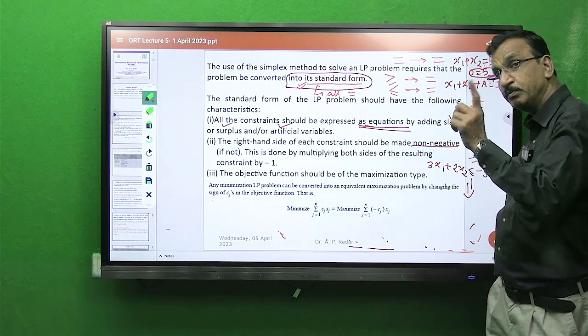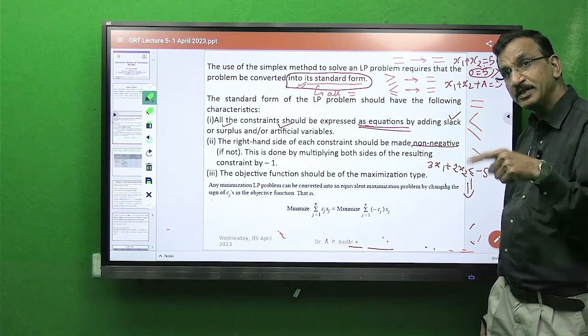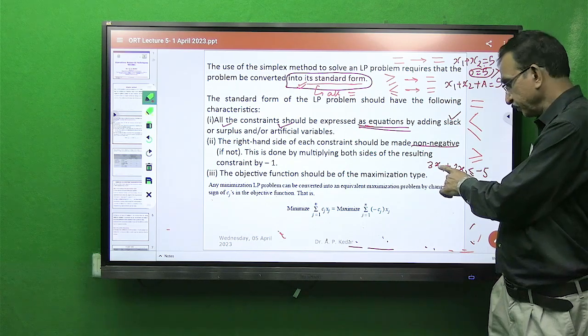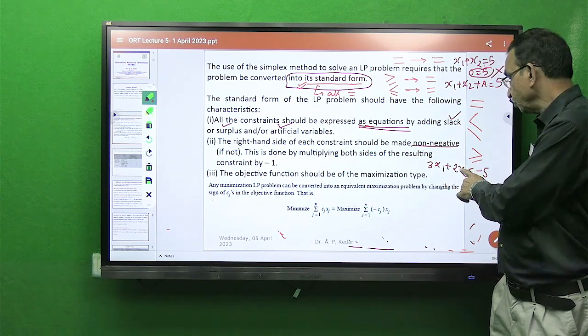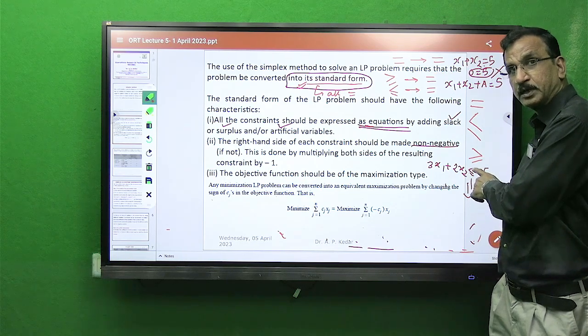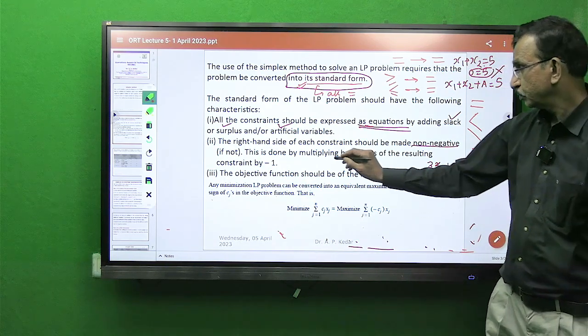Now when you multiply by a minus sign, the inequality sign will change. So it will be minus 3x1 minus 2x2 greater than equal to, very important, greater than equal to 5. So this is second.